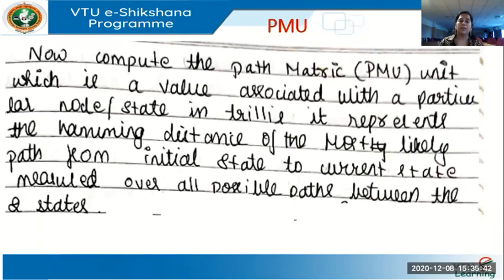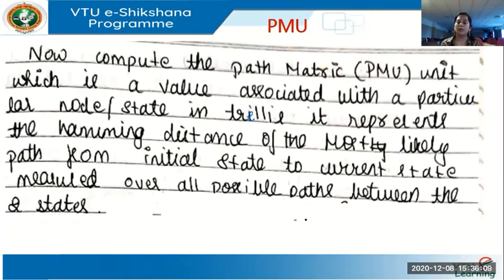Okay. The path metric unit is a value associated with a particular node or state in the trellis. So every node or state can have a path metric unit, and it represents the Hamming distance of the most likely path from initial state to the current state, measured over all possible paths between the two states.